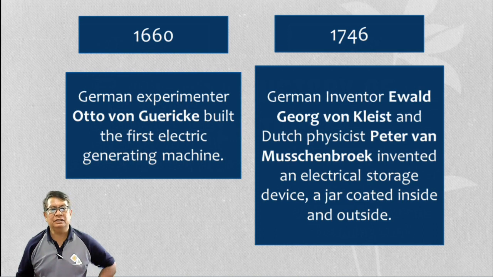In 1660, another German experimenter, Otto von Guericke, built the first electric generating machine.